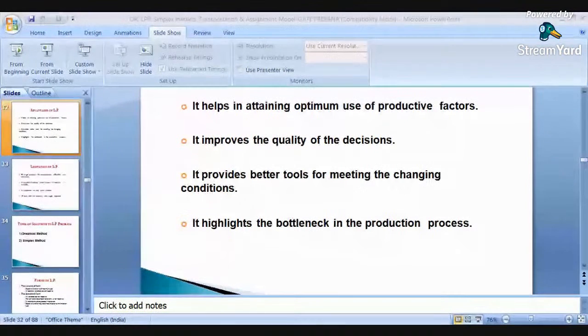For example, x1 plus x2 less than or equal to 20. Less than or equal to means the left-hand side is having something less compared with the right-hand side. Therefore a variable s1 is added. This is called the slack variable.